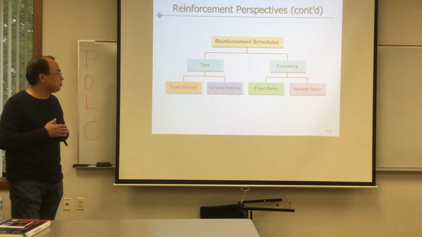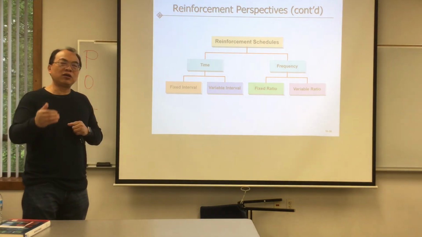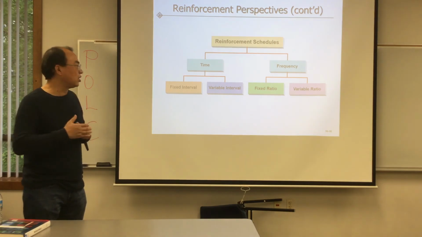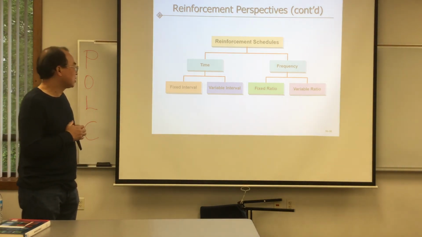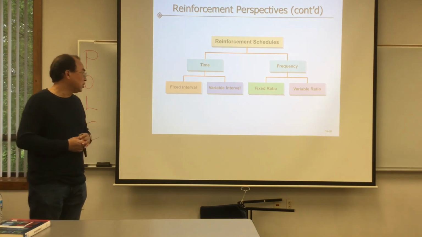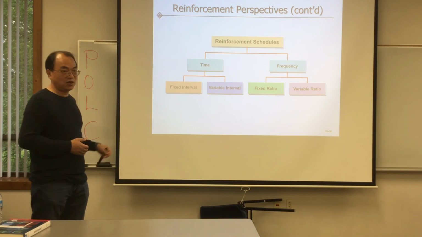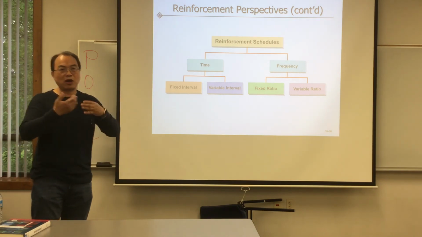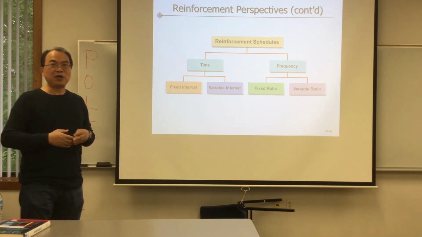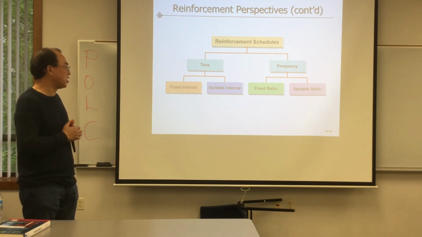Then how do we make sure things will be regularly checked on as a manager? How do you know people do their job, right? You can walk around the factory, management by walking around. And companies have cameras in the factory, on the assembly line, so you know what's going on.